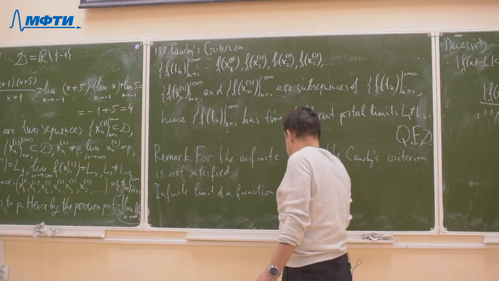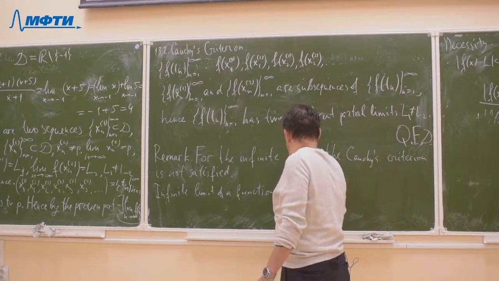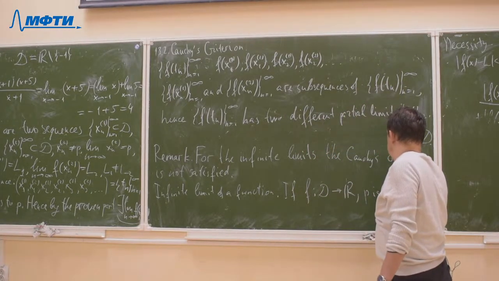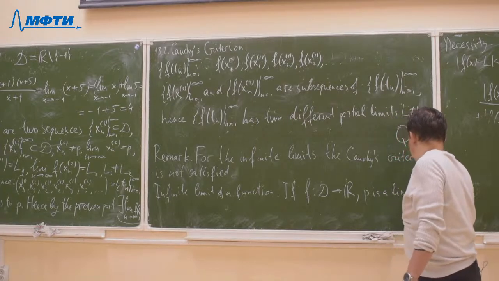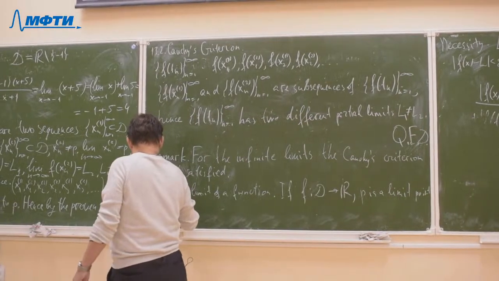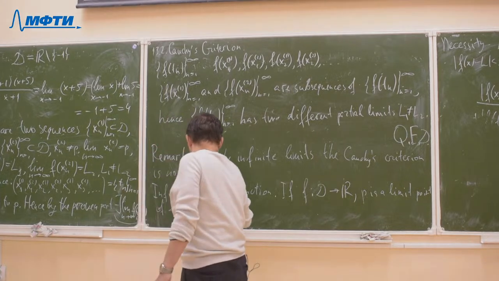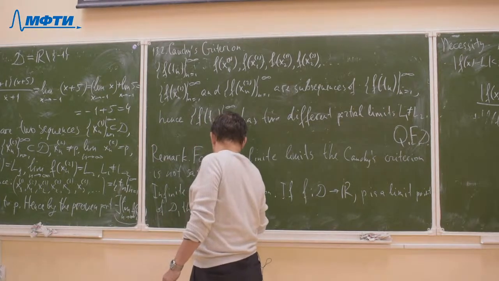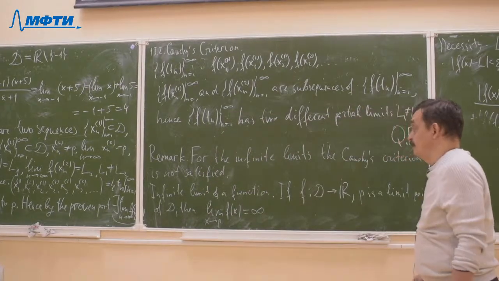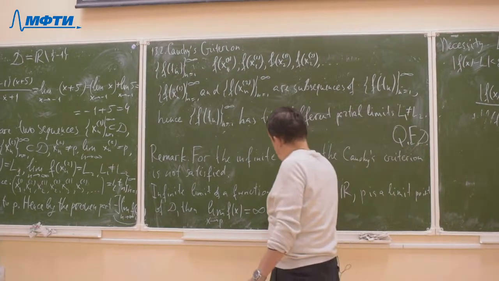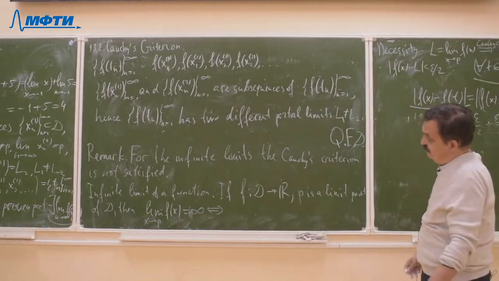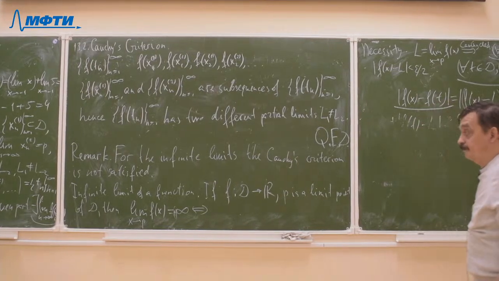For example, if f is from D to R, and P is a limit point of D, then what does limit as x tends to P of f of x equals plus infinity mean?